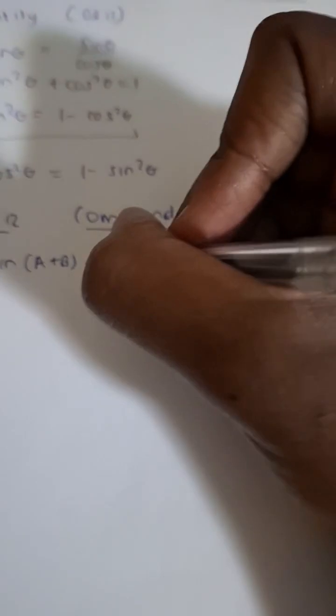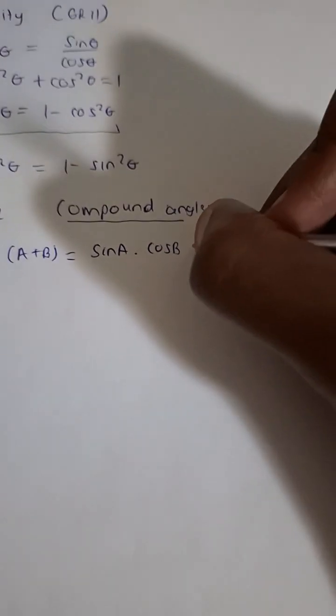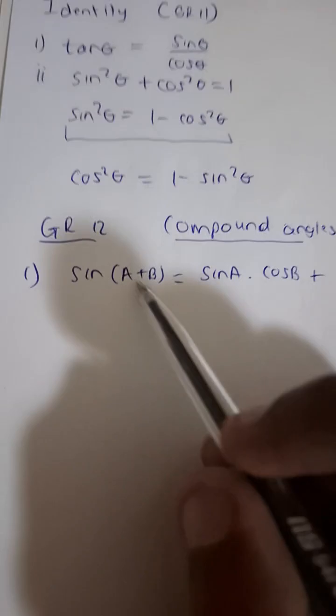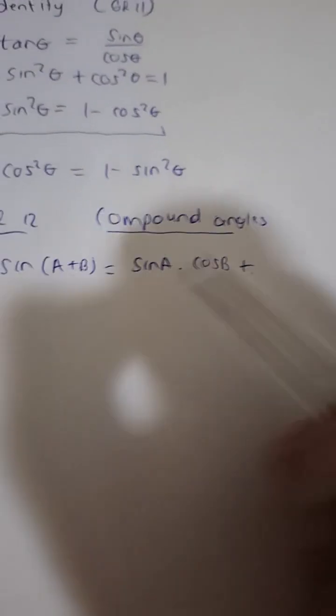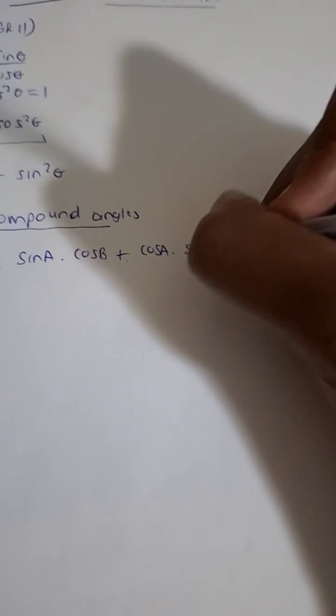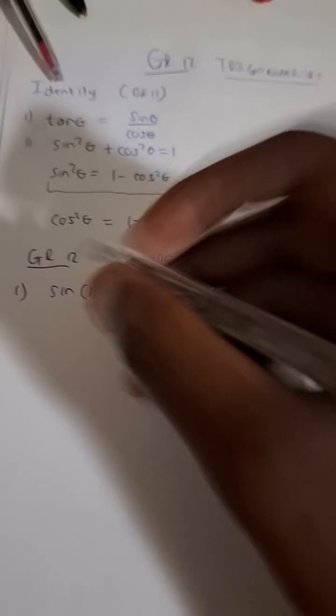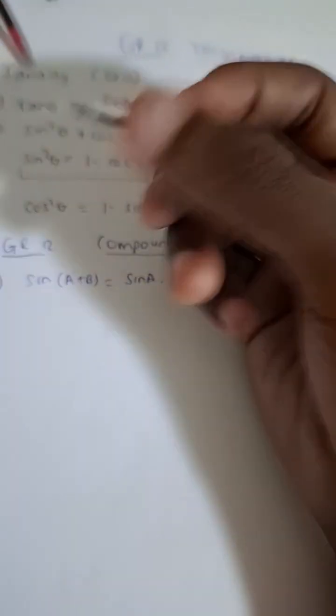We express it as sine A cos B plus cos A sine B, in that order. That's the addition compound angle for sine.